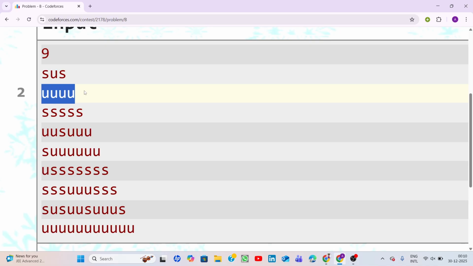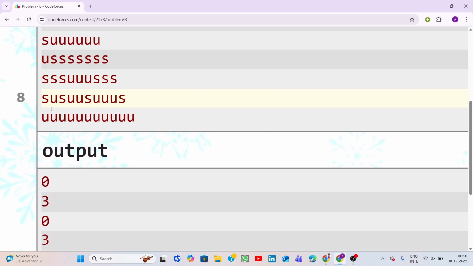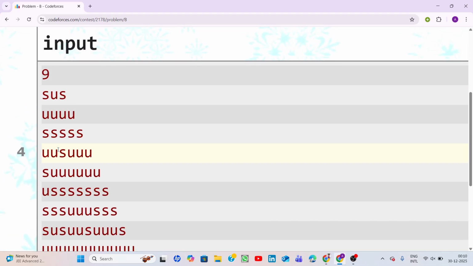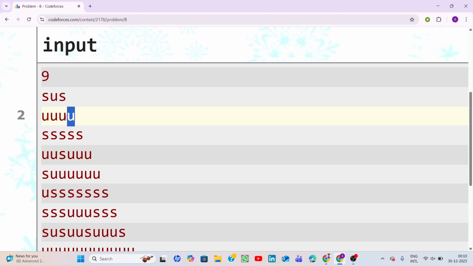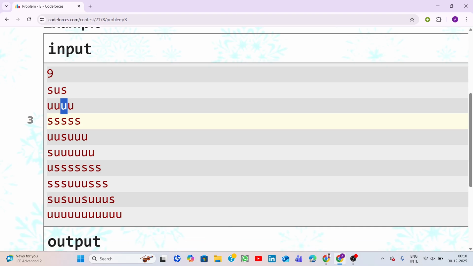So the condition is fully satisfied that there are at least two s, and for every u present in the string, the distance of the two s must be the same. So the minimum number of operations is 3. How is it 3? To convert this u to s, this u to s, and this u to s. So that's what is asked in this question.